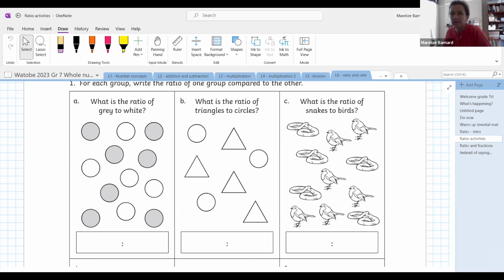And next is Ishmael. Good afternoon, ma'am. Ishmael, ask your question. Ma'am, are there any other methods to show them how to calculate the simplest form?